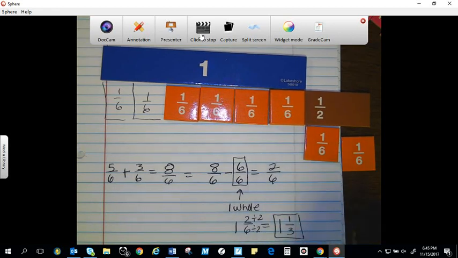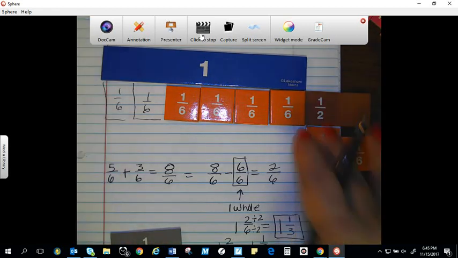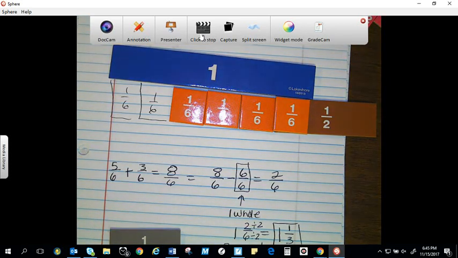And it's 1 and 1/3. So I know that 1 and 2/6 is also equal to 1 and 1/3. And we can actually prove that, because if I have my 1/3, can I put 2/6 into it? Yep, it absolutely works.